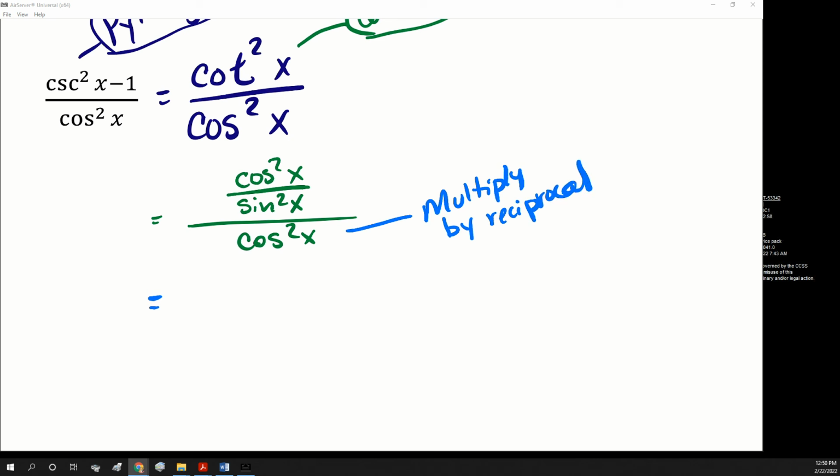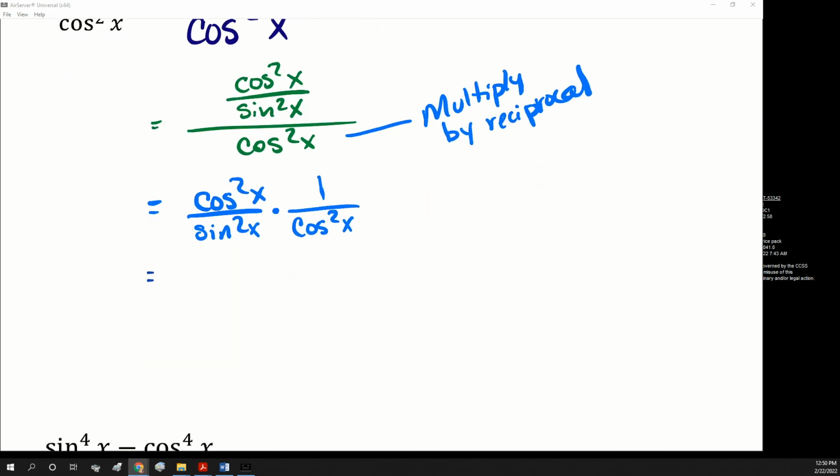Okay, so we're going to leave cosine squared of x over sine squared of x alone. And we're going to multiply it by the reciprocal of cosine squared of x. All right, so what can we do? Cancel out the cosine squared. And that leaves you with 1 over sine squared of x.